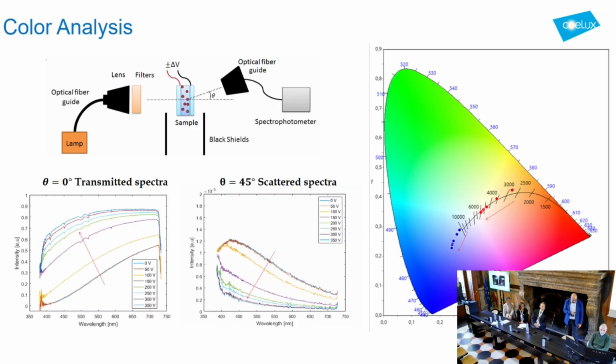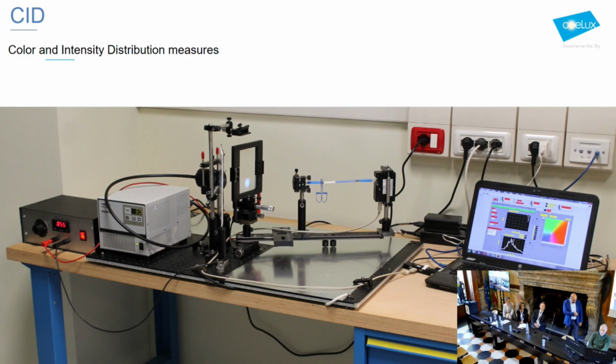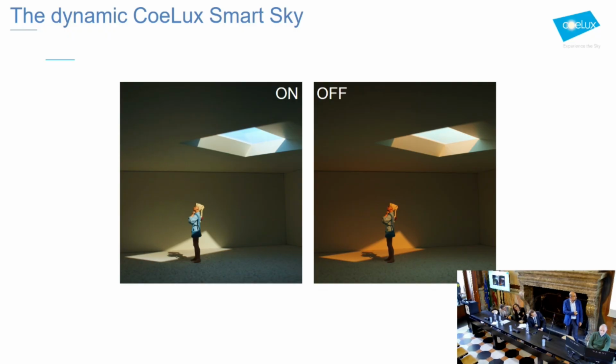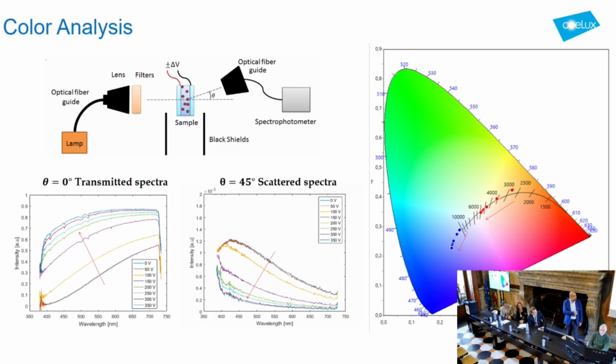The result is amazing. Here you see an experimental setup where the film is lit by white light. A fiber probes the spectrum depending on angle, with a laser for the measurement. So you can see the transmitted or the scattered spectra, at zero angle, as a function of the voltage.